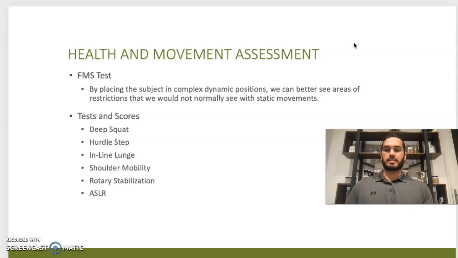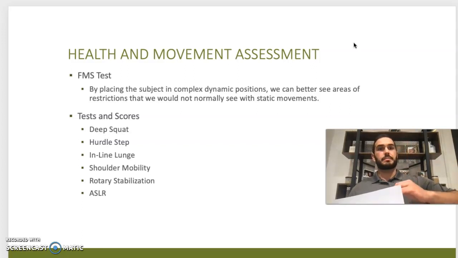Her hurdle step, lower extremities are not in line with lifting that first leg. When she lifts the first leg, the leg is not in line, and actually she rotates her hip in and brings her foot out. This is a compensation pattern, mostly due to stability and balance, and she's using the leg, bringing it out to balance herself.